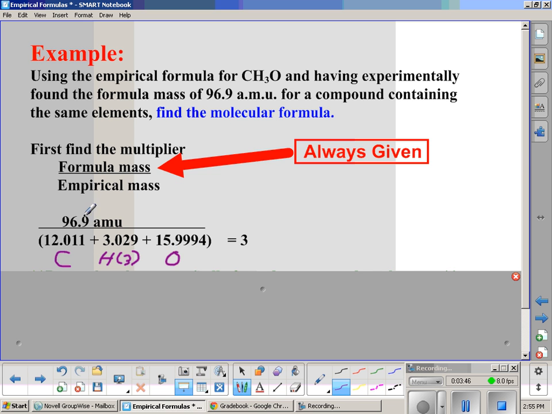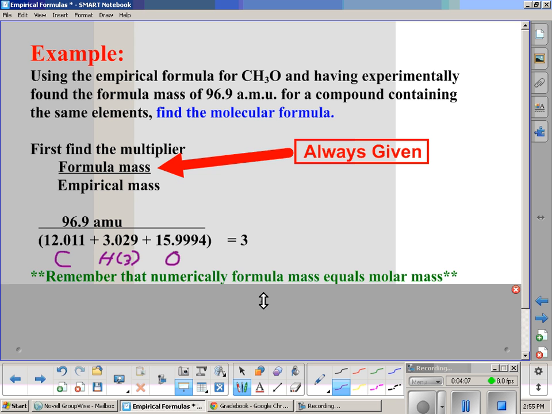Anyway, 96.9 divided by, we'll say, 31, maybe 32, you come up with about 3. This should come out very close to a whole number. Don't round the atomic masses, but feel free, if this came out 31.1, 31.2, to round it off to 3, because you want a nice whole multiplier.